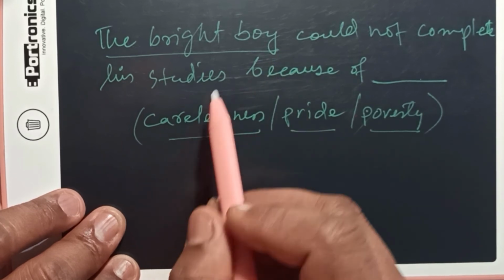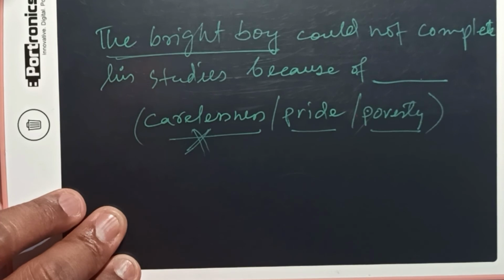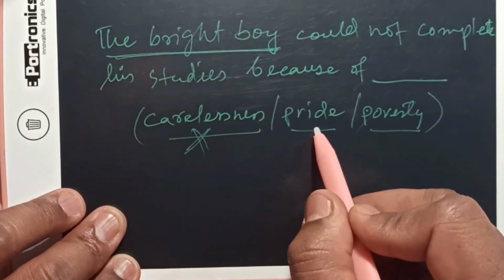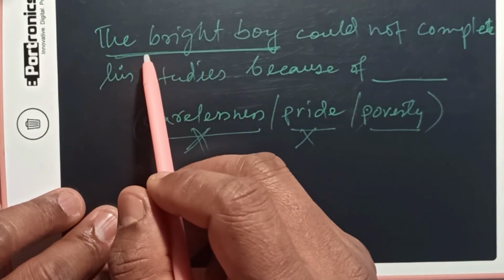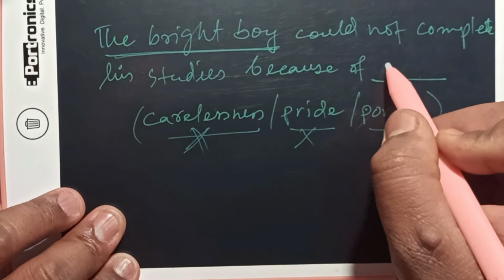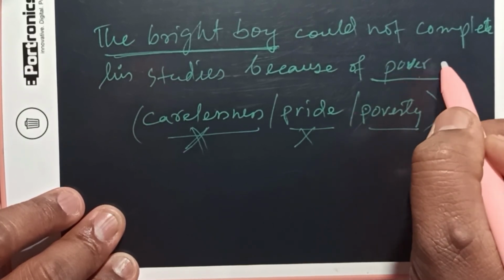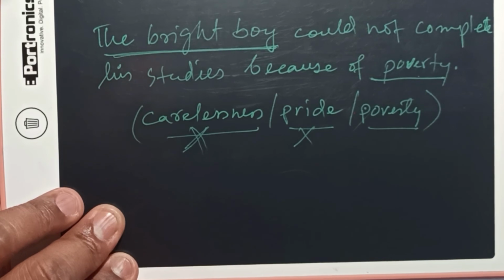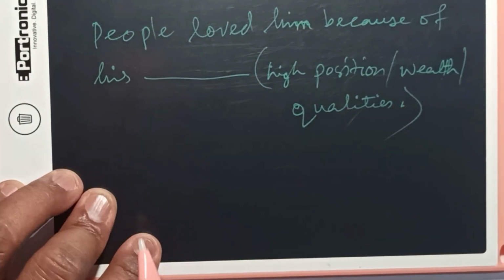Obviously the bright boy would not be careless, so we'll cancel this out, and he will not be proud also, and then the right thing will be poverty. The boy is very bright, but then the economic condition of the family is poor, so poverty is the right answer.